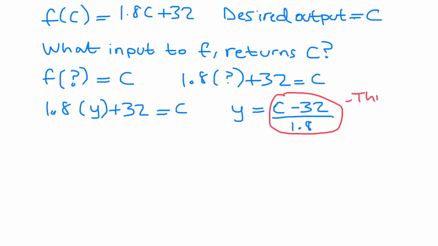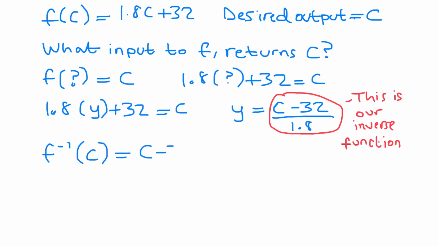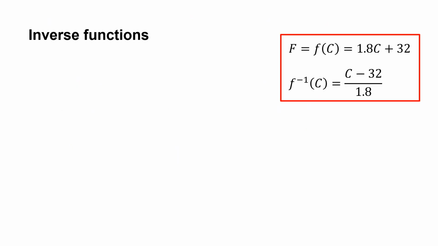Now this is our inverse function. So our inverse function here is (C minus 32) over 1.8. And the way we write this is f to the power of minus 1 of C equals (C minus 32) over 1.8. So we now have our two functions.